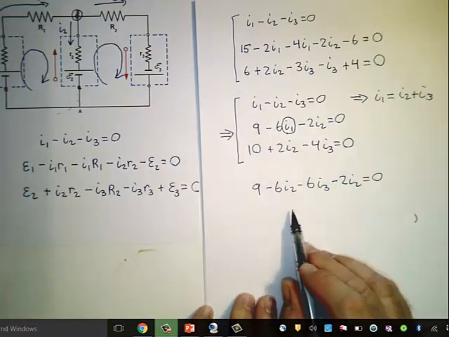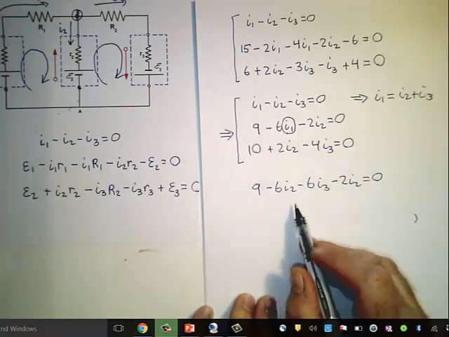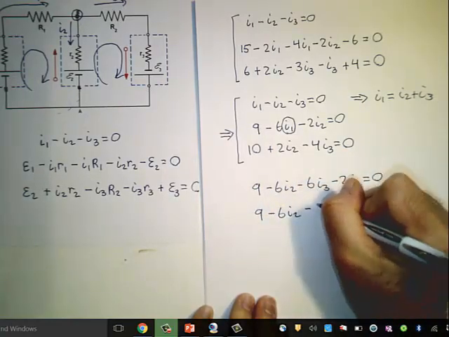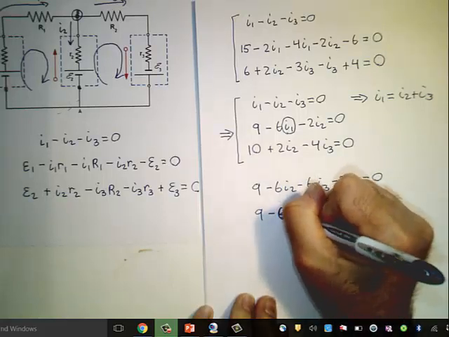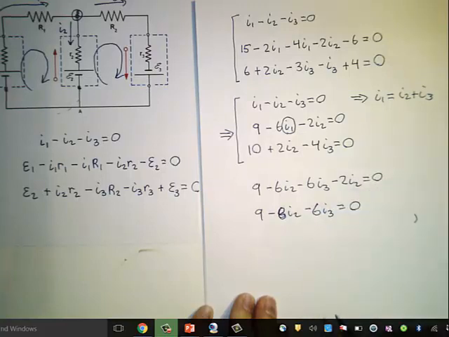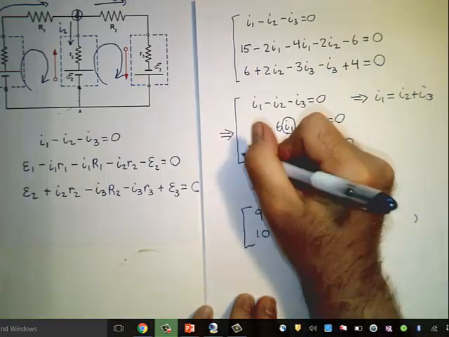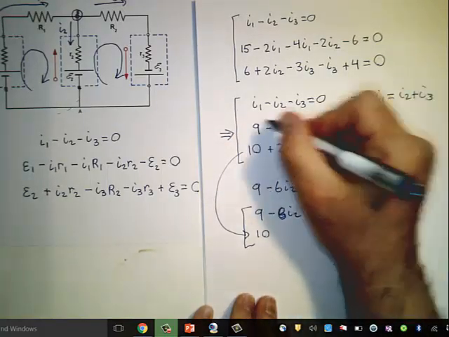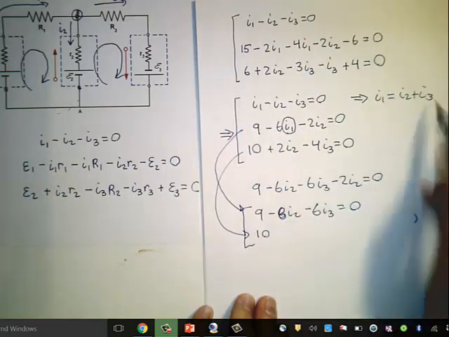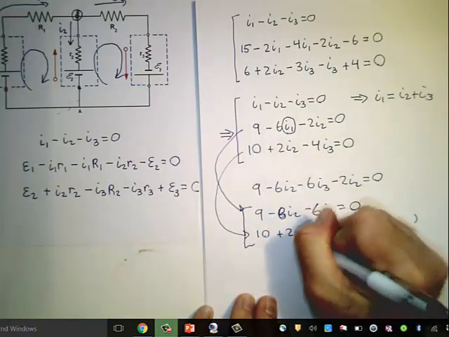If I simplify that equation, I'm going to get 9 minus 8I2 minus 6I3 equals 0. So now I've got 2 equations and 2 unknowns, because this guy got turned into this one when we substituted in I2 plus I3 for I1.